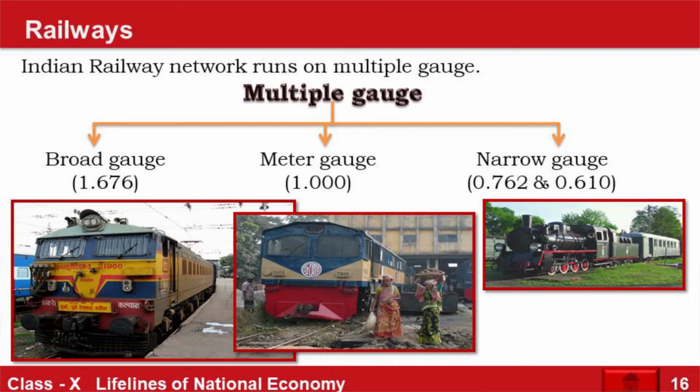Second is meter gauge, Shatabdi and Rajdhani, which is for long distances, 2 days, 1 day, 1.5 day, and the third one is narrow gauge, which is also known as toy trains, for just sightseeing for small distances like 15-20 kilometers, going just to see the view in the valleys. So they are toy trains, correct. So we have 3 types of gauges.